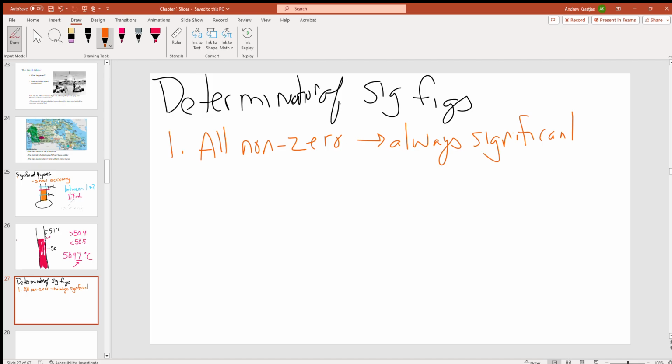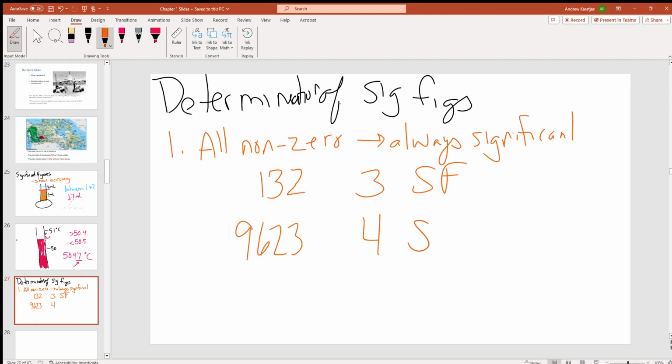So if we have the number 132, there's 3 digits there, none of them are zeros, they're always significant. All 3 of them are significant. How about this number? Again, now 4 digits, none of them are zeros, so we have 4 sig figs.